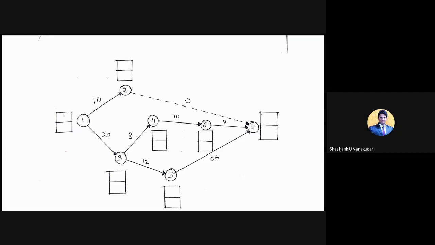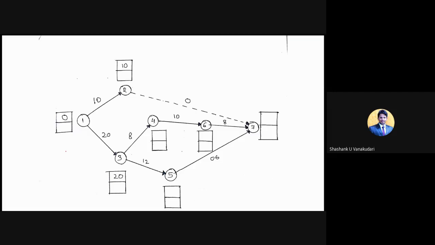Always this EST value at the beginning will be 0. Others you can solve yourself if you have understood thoroughly. And here, see, this 0 plus 10, I can write directly as 10 because it is ending at only one node. And here 0 plus 20, I'm writing 20 directly.